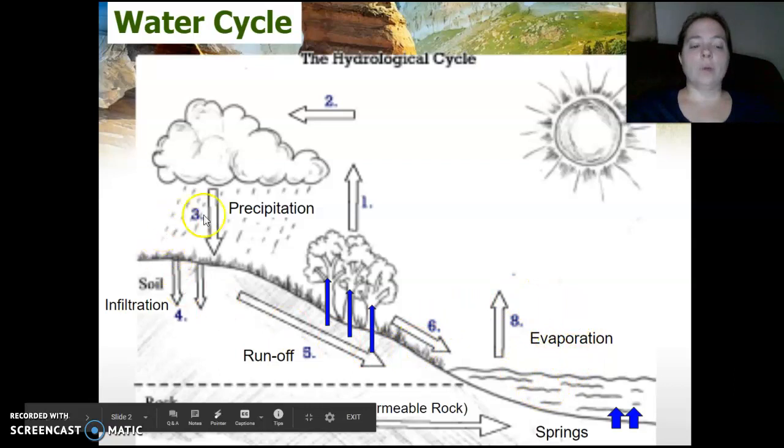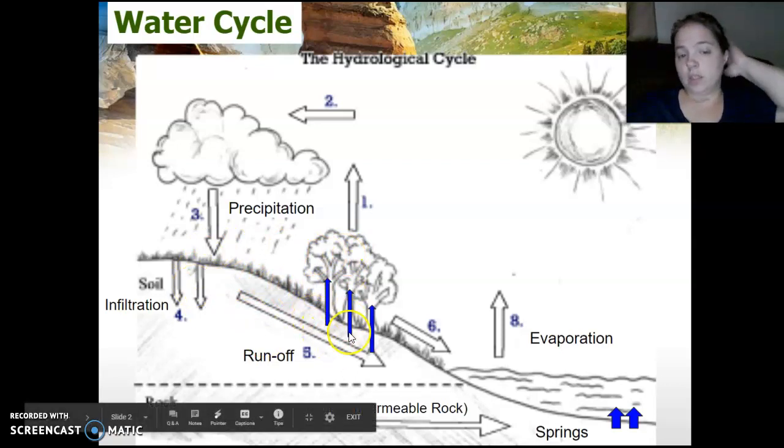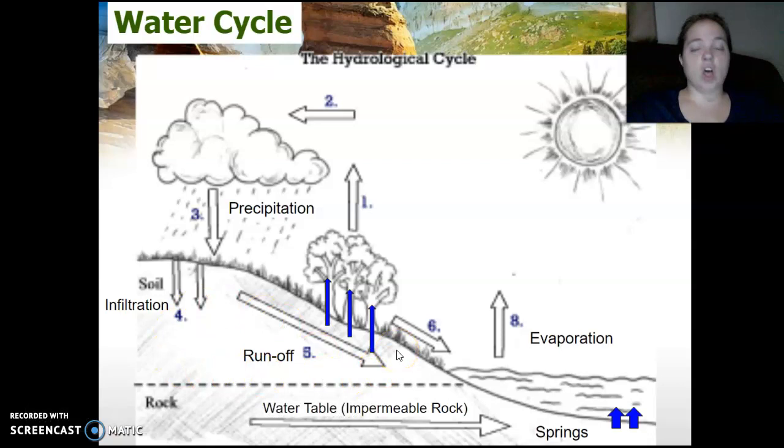Well, what about trees? Trees do have a part in the water cycle, because they start sucking up water from the ground. Plants, flowers, trees, they all suck up the water. How do they suck it up, defying gravity?